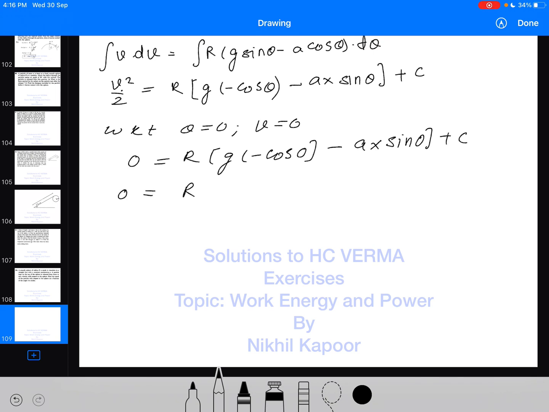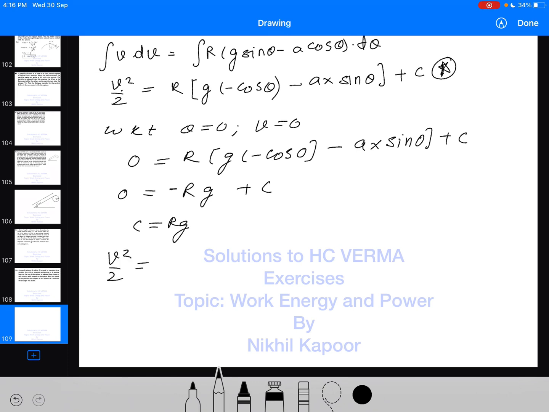So 0 is equal to r into g, cos 0 would be 1, so that would be minus rg plus c. So c comes out to be rg. I will put this in the main equation to get the answer.